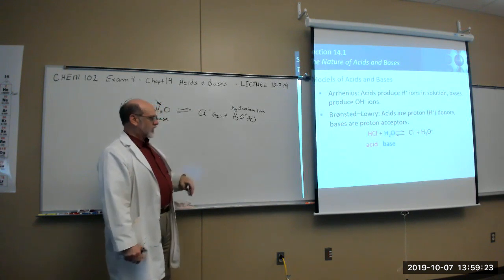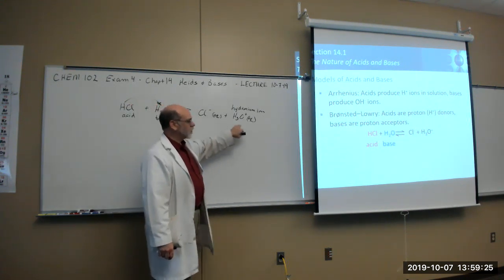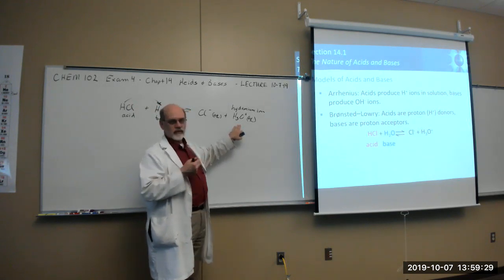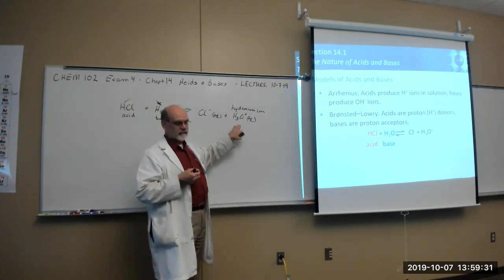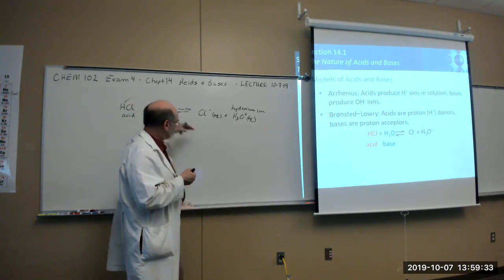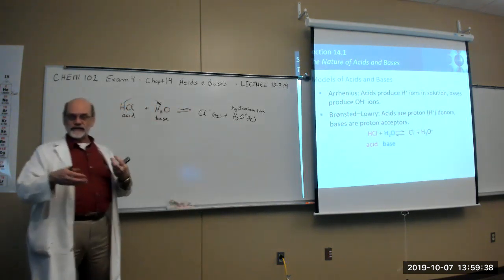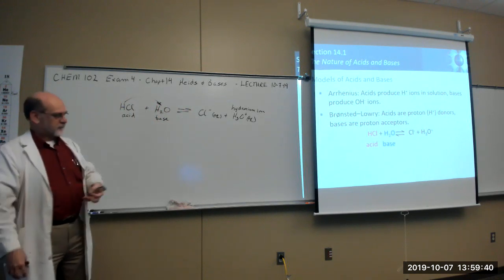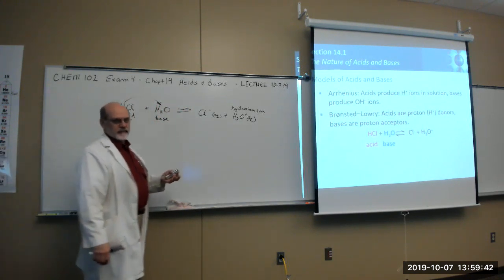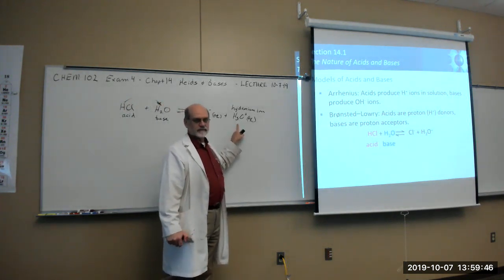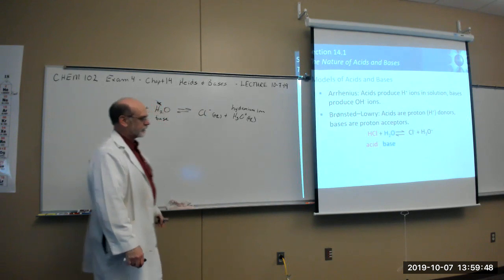So in reality, this hydronium ion is the true species. That's where the proton resides when it's transferred. It just doesn't hang out alone. Like I wrote it before, HCl dissociating to H plus and Cl minus, that's for convenience. That H plus actually is attached to a water molecule. It makes the hydronium ion.